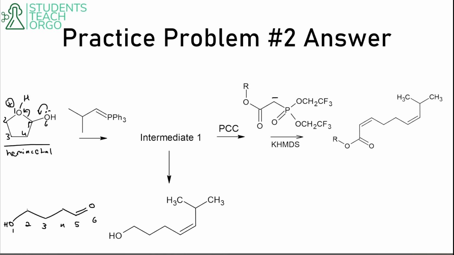Okay, this is going to be in equilibrium, but we are going to be using this molecule here. Why? Just because of this carbonyl group. So Wittig requires a carbonyl. That's one of the nice parts about this reaction, you need a carbonyl to react. So you need a carbonyl, which means you have to open up the ring.